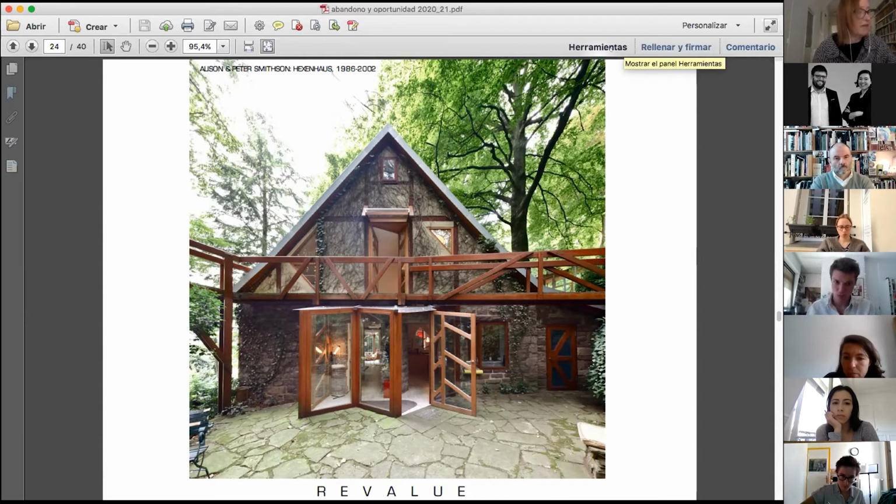At the request of the client, the design project was transformed into a process with successive interventions that over time revalued the initial project.